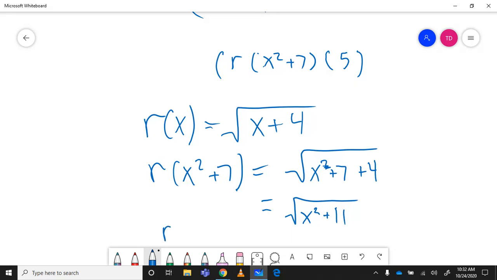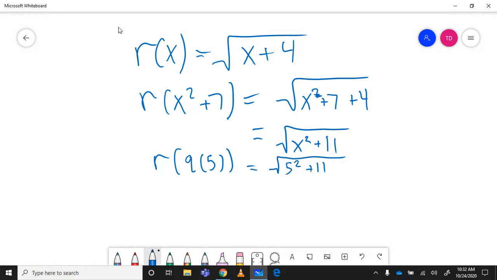Okay, this evaluated at 5. So r of q of 5 would have been 5 squared here plus 11. Or otherwise simplified, the square root of 36.